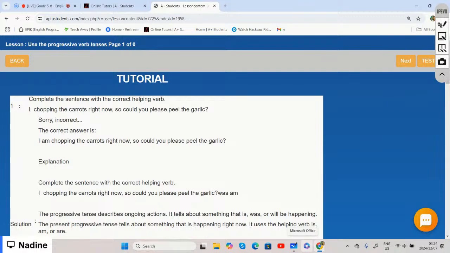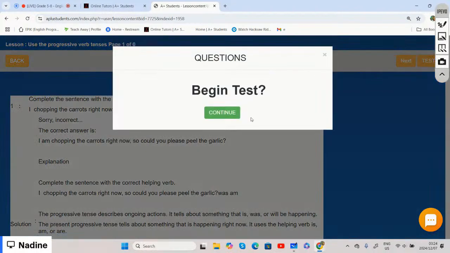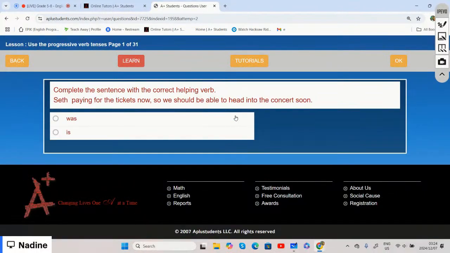All right, so now we're going to the test. We already did a few examples, right, of either present progressive verb tense or the past progressive verb tense as well as the future progressive verb tense. So now we're going to our test where we're going to use the progressive verb tenses.